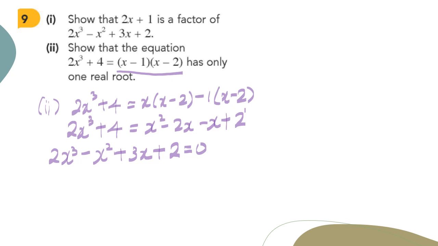So how do we find the remaining factors? There are two ways of doing it. You can either use long division. In this case, your 2x plus 1 will be your divisor and you find your quotient. Another way is to compare coefficients of similar terms on both sides. Right, so I'm going to use long division.